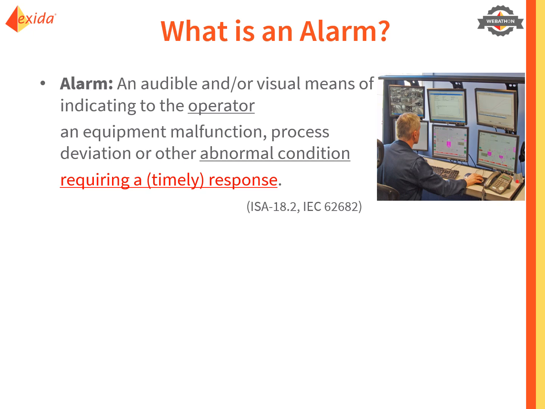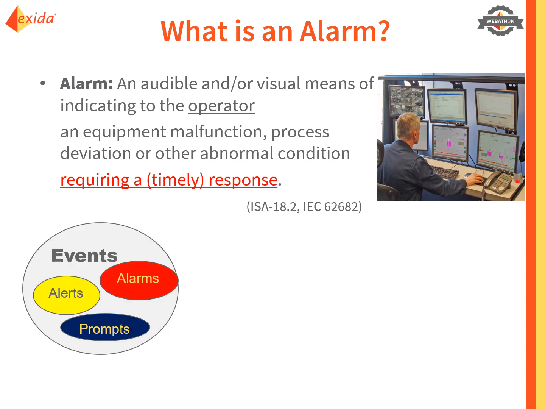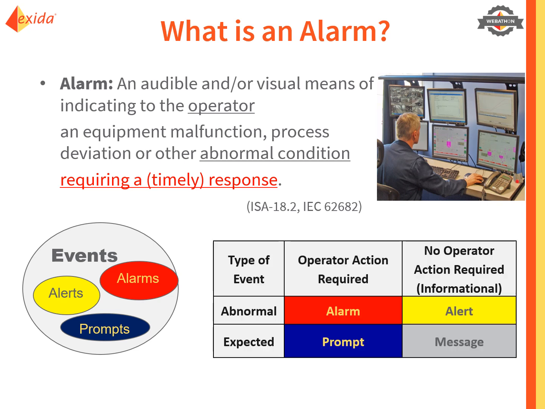Also remember that the operator is the intended audience for alarms, and what we put in front of him should only be events that are in fact genuine alarms. There are many alarm systems that contain information about events that do not require any operator action or are about expected events. The idea of rationalization is to put these events into separate lists away from the genuine alarms, allowing the operator to concentrate on what he really needs to attend to.